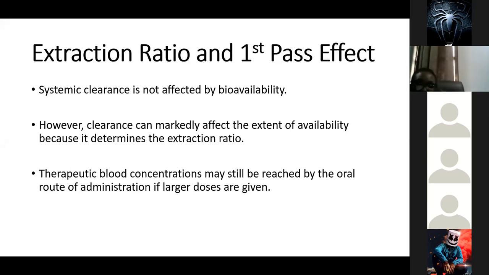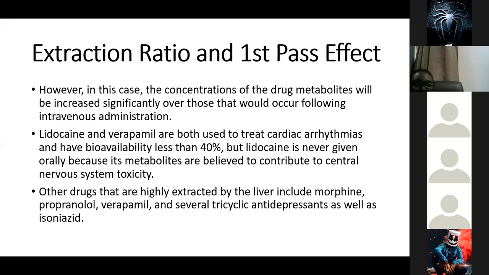So because of this first pass elimination effect, when you are given an oral medication, you have to give larger doses than intravenous medication. So in this case, the amount of the drug metabolites will also be higher.